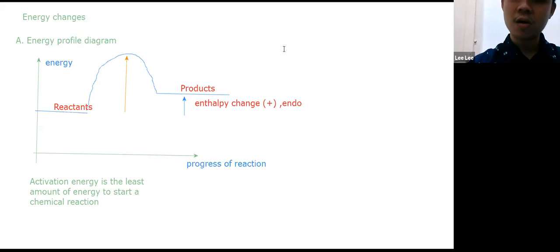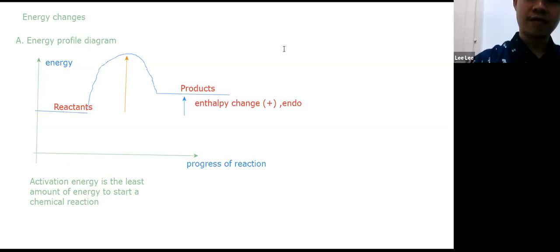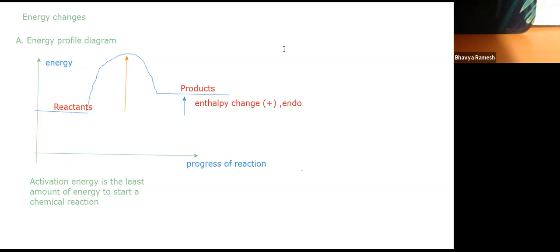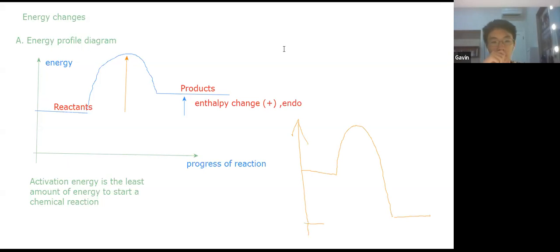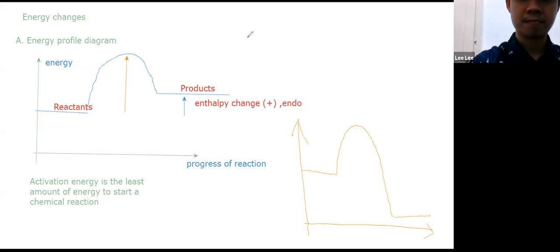If I draw an exothermic reaction, remember how the exothermic diagram looks like. The product is lower than the reactants. So the rough sketch is like this, reactants. Then this is for endothermic, right?